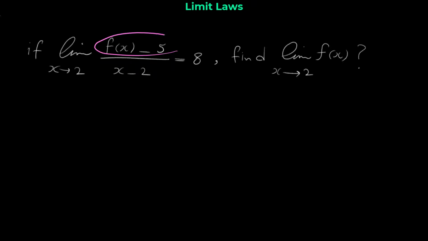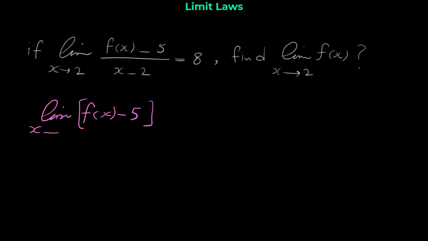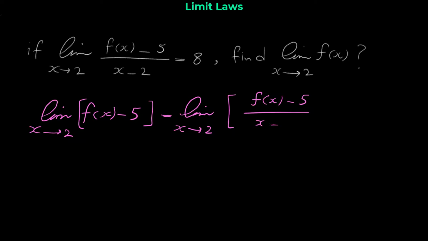First, I am going to start with this expression in the numerator. The limit of f(x) minus 5 as x approaches 2 can be written as the limit as x approaches 2 of (f(x) - 5)/(x - 2) times (x - 2).